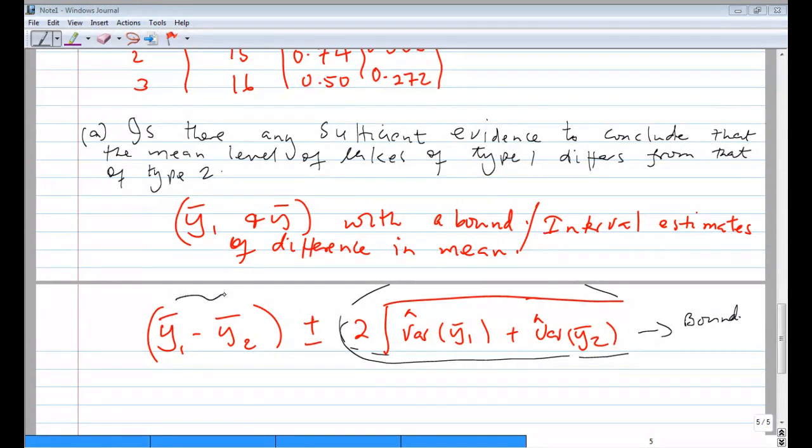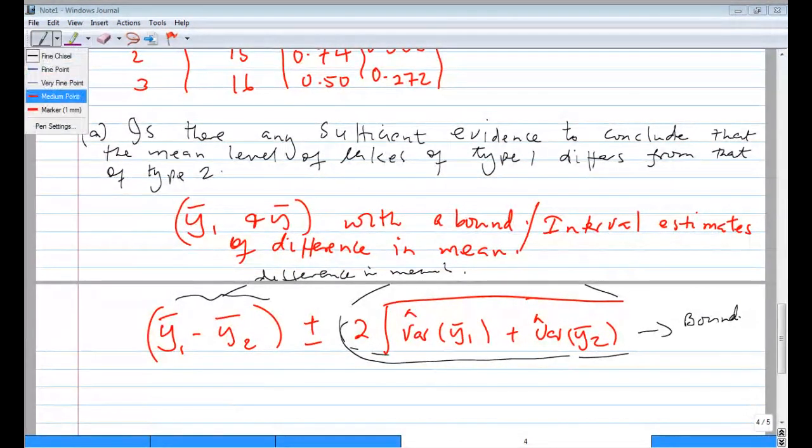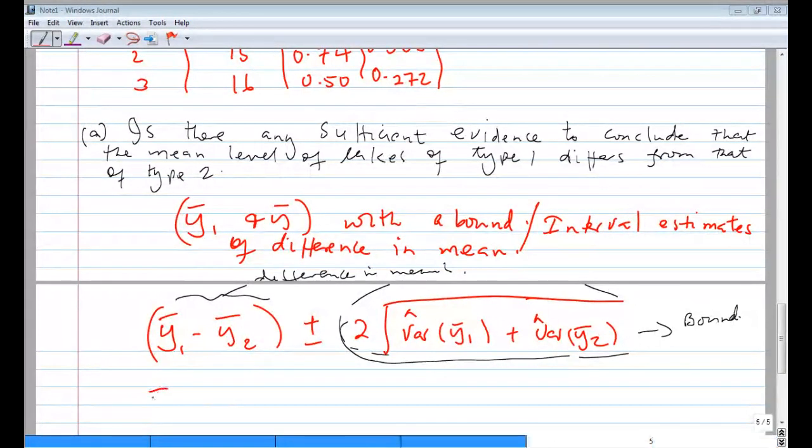Here, this one is the difference in means. So this will be equivalent to y bar 1 minus y bar 2 plus or minus 2 times the square root.